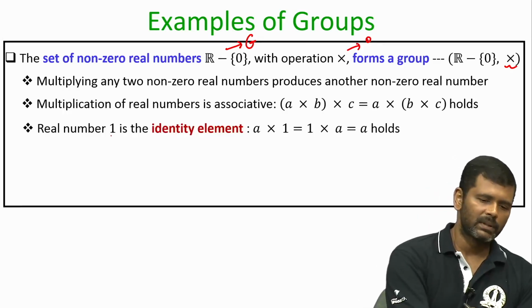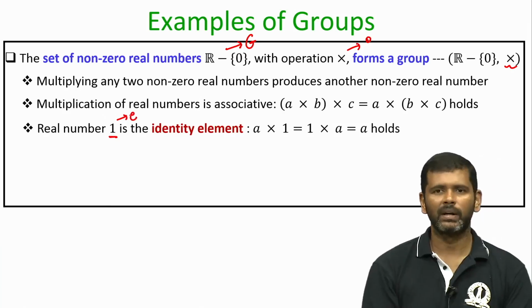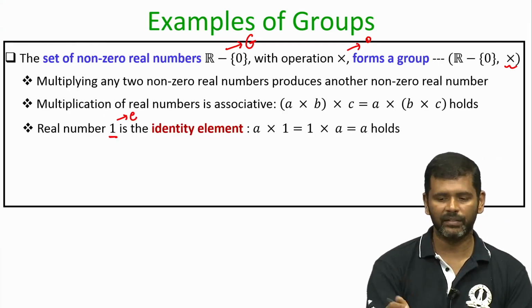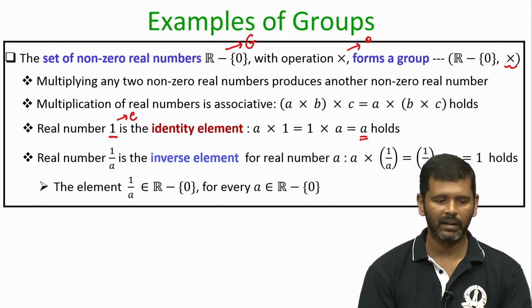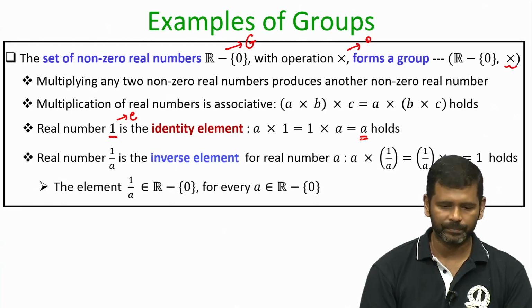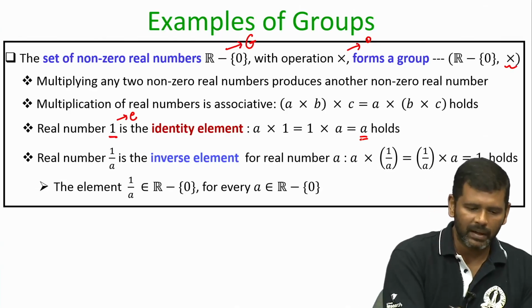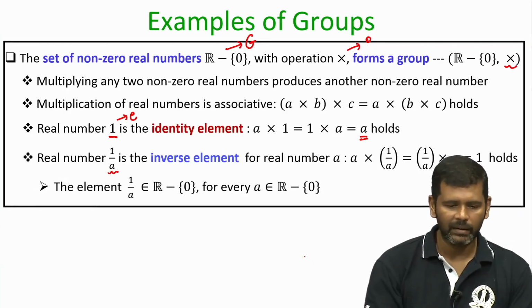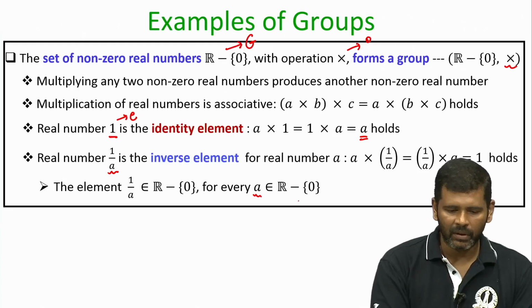The real number 1 is the identity element, because you multiply 1 with any non-zero real number A, you will obtain the same non-zero real number A, and you take any non-zero real number A, its multiplicative inverse will be 1 over A, and 1 over A is well defined because my A is non-zero.